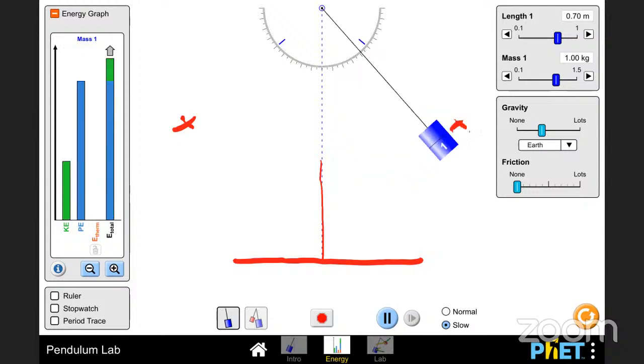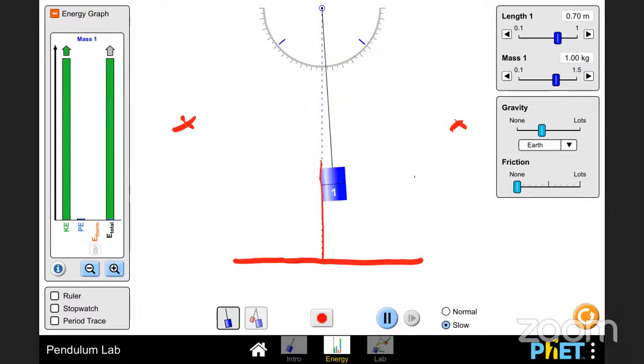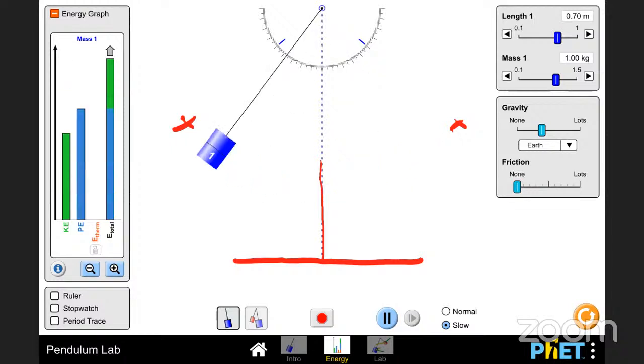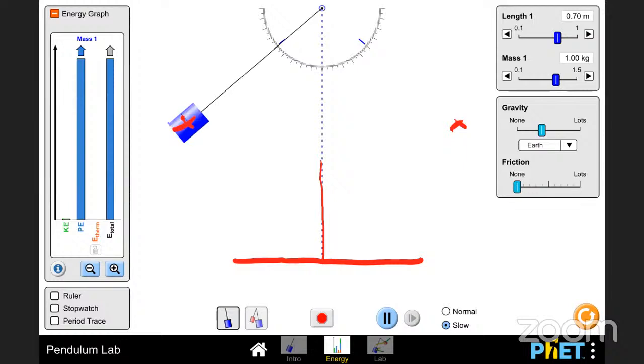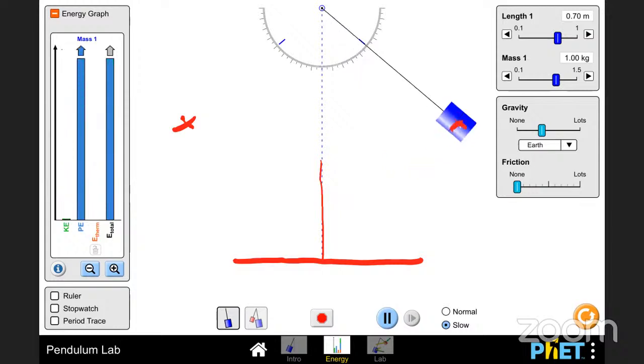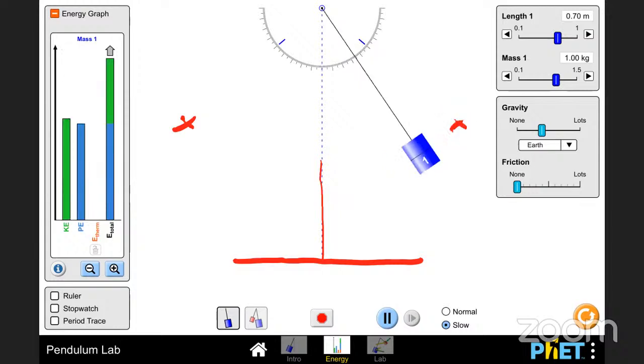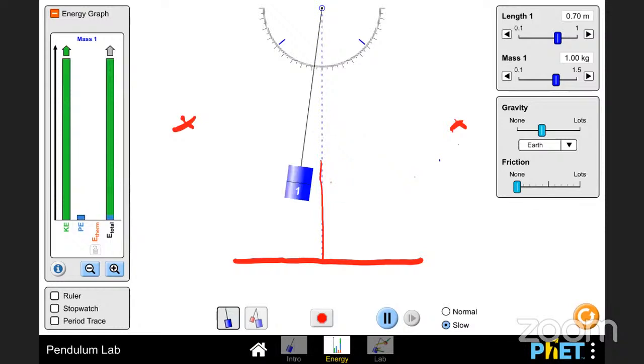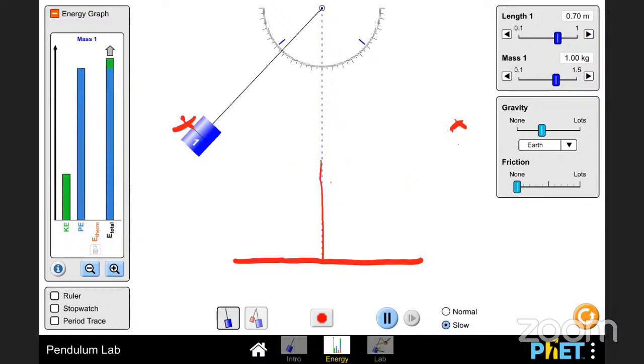See if we can sketch the potential energy graph, and then sketch the kinetic. You can even look at the chart on the left. Sketch your potential in the middle and then do it for kinetic.